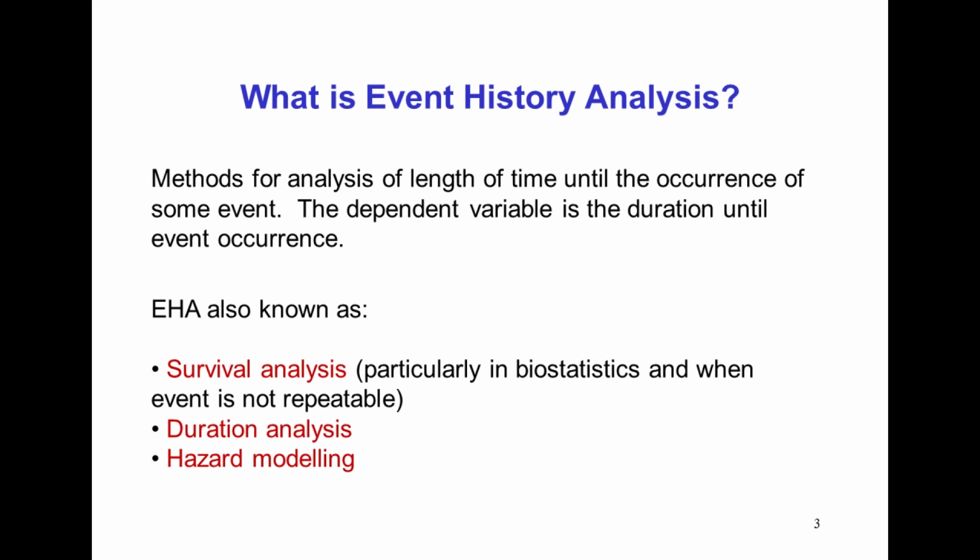In economics, they talk a lot about duration analysis. Another term is hazard modelling, and we'll see a bit later what the hazard is. It's a key quantity in event history analysis. In social science, we tend to use the term event history analysis because we think it captures better the complexity of the kind of events that can occur to an individual. There are many kinds of events that can occur over a person's life course.